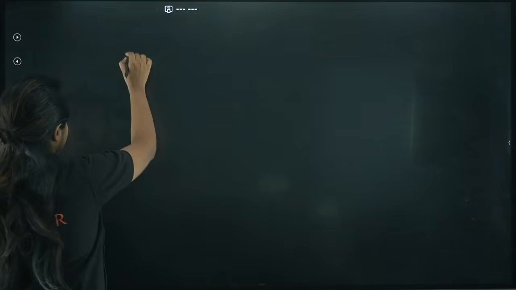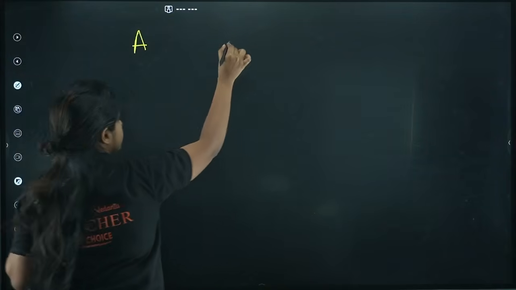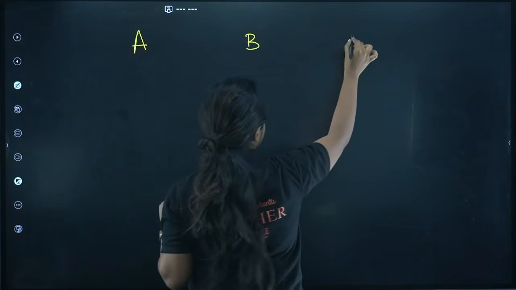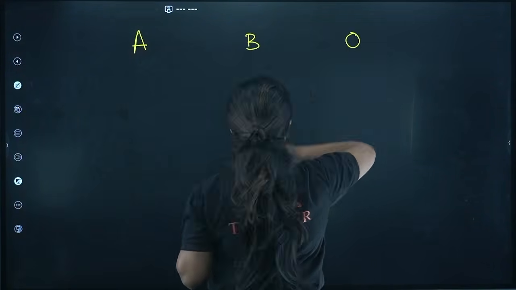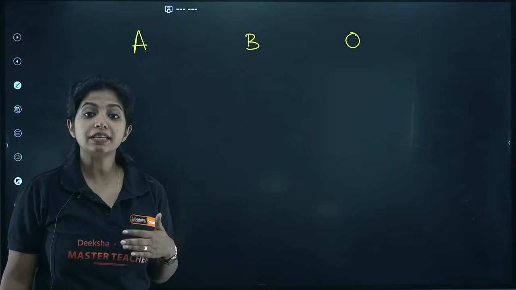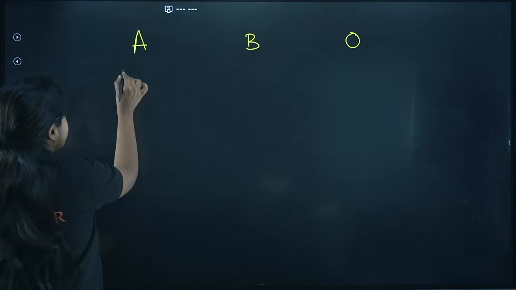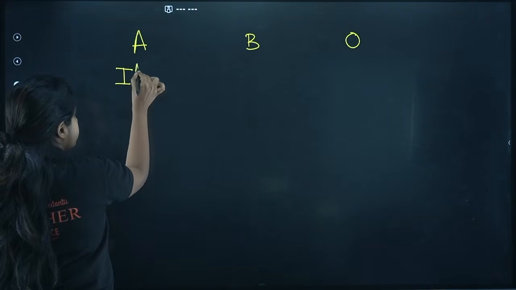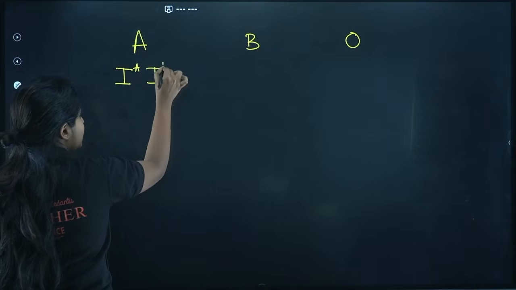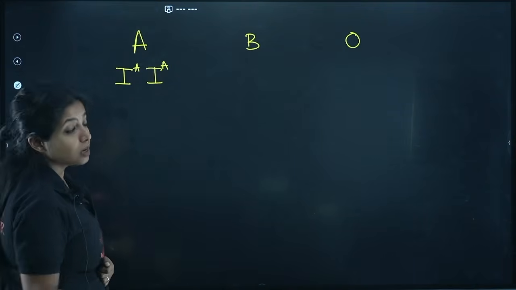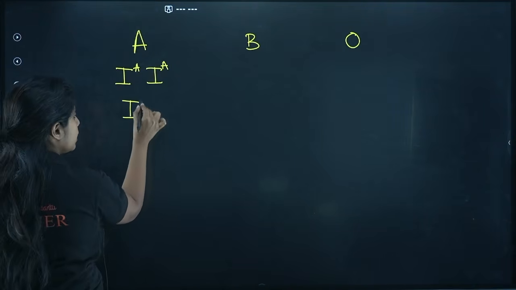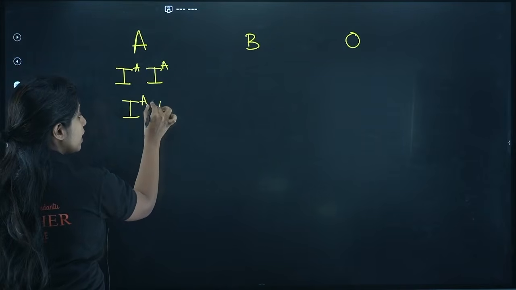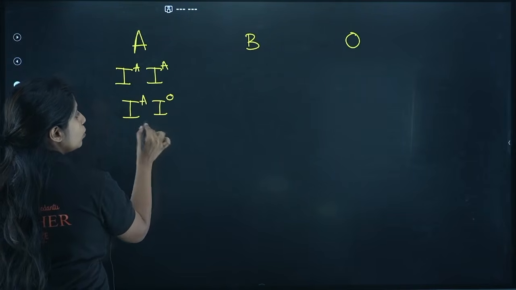When I say someone has a blood group, I mean that they have 2 alleles. Both alleles can be IA, IA, or one allele can be IA and the other IO. What do you understand from this?